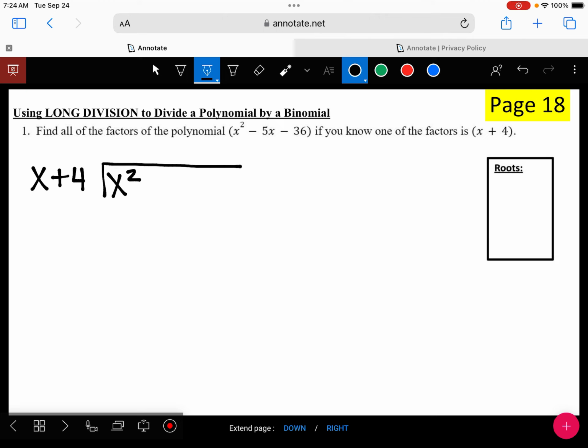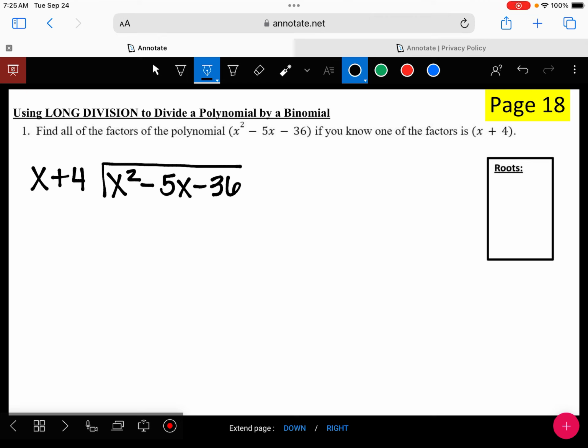And then this polynomial goes underneath. Just like that. And we're going to do the same division that we just did. We divide, distribute, subtract. Those are our 3 steps.